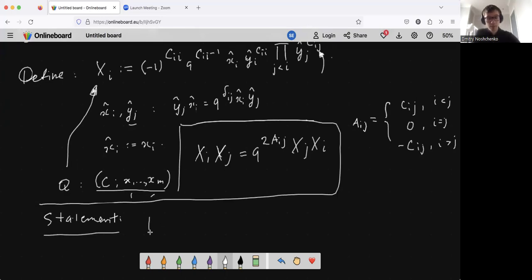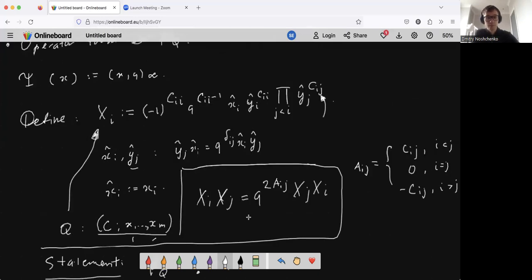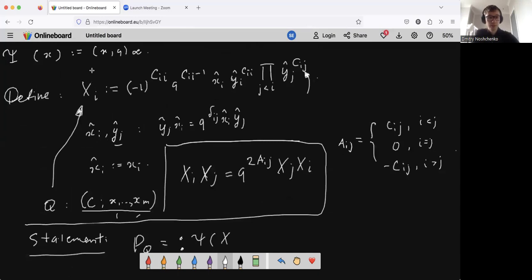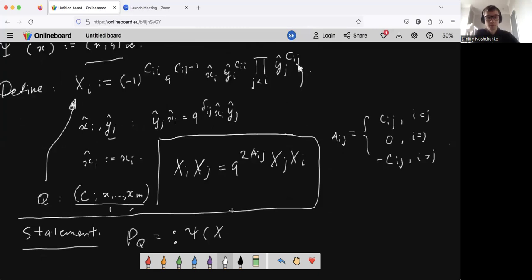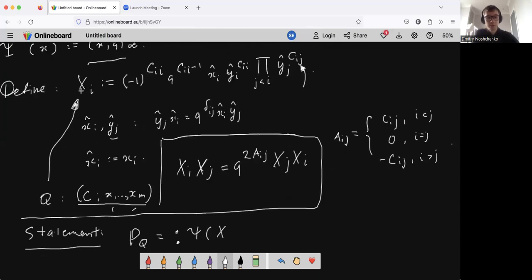The motivic generating series of a quiver can be written in operator form as the normal ordered product of psi operators, but where instead of x, we substitute the non-commuting operators defined above.